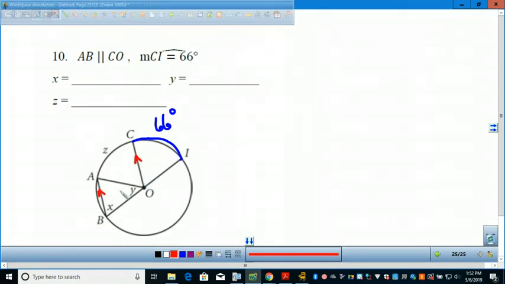These are parallel. So that means these are corresponding angles. So if this is 66, then this has to be 66. So that's one way to do that.